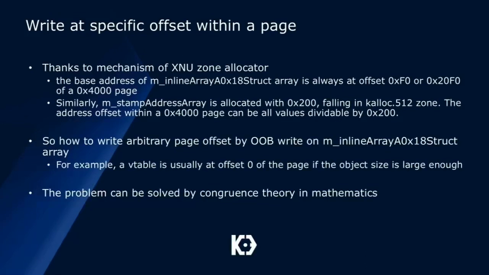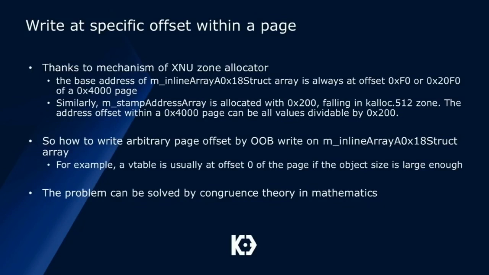The first fact is good news. Thanks to the mechanism of the iOS XNU zone allocator, the base address of mInlineArray is always at offset 0xf0 or 0x20f0, because it is a field in some bigger object, which is 0x2000 in size.